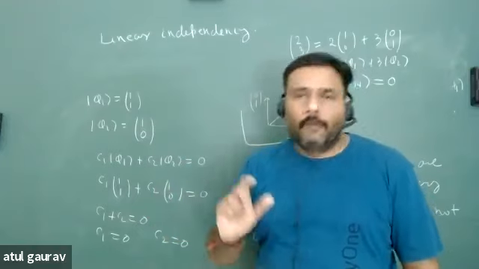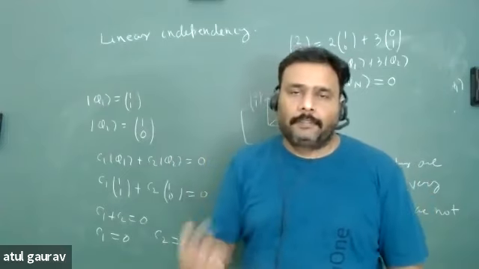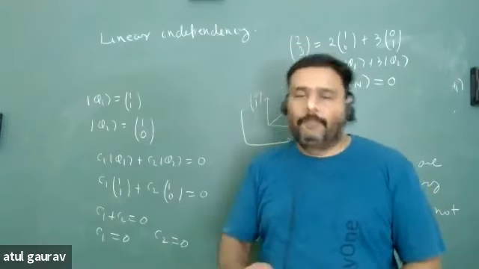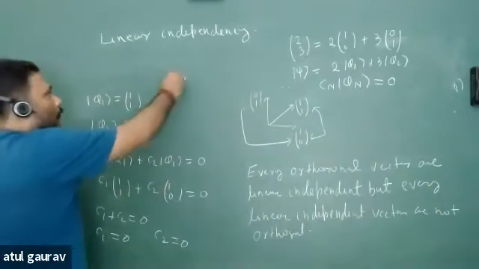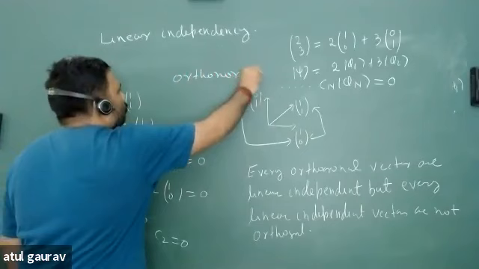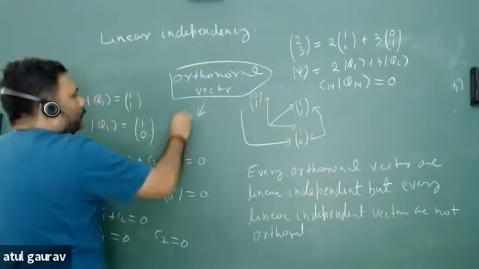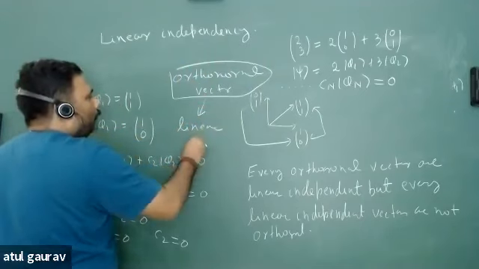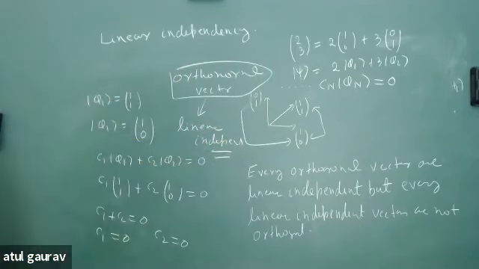So you will always try to find orthogonal vectors, and obviously you can normalize, so you will always find orthonormal vectors. Why? They will be 100% linearly independent. Up to that, if you have any doubt, you can ask me. Then we will go for the next example.